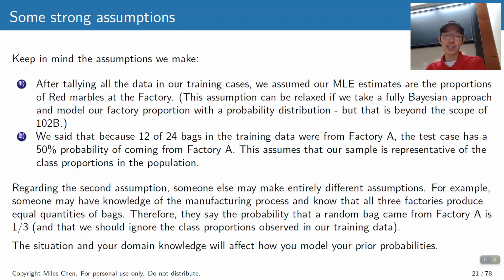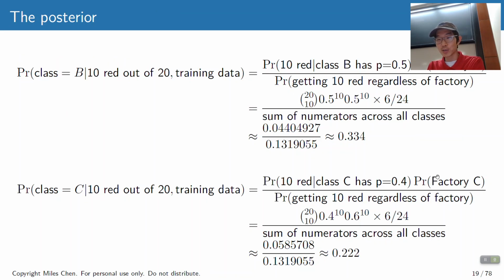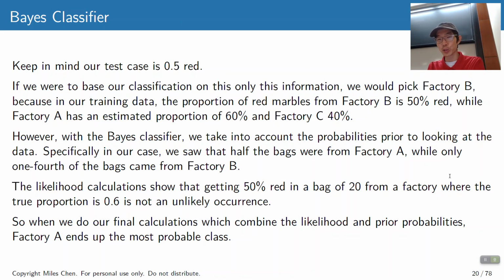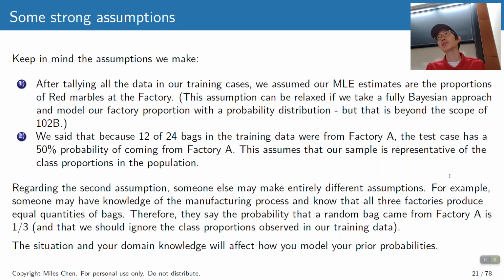In that case, I can incorporate that, and I would just say the probability it came from factory C is 1/3. But because I don't know that, and I'm basing it off of the data I have, I'm assuming factory C is only responsible for 25% of marble production. So how you put your numbers in depends on the knowledge that you have and what assumptions you're willing to make.